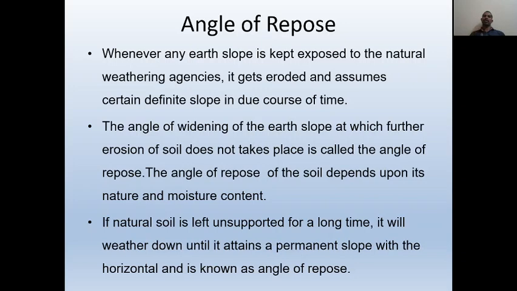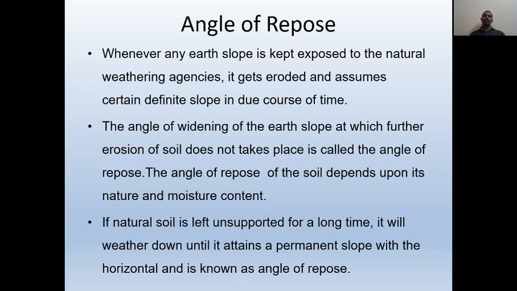Even if heavy wind blows and heavy rain occurs, the slope is still maintained, and that particular slope is nothing but the angle of repose.